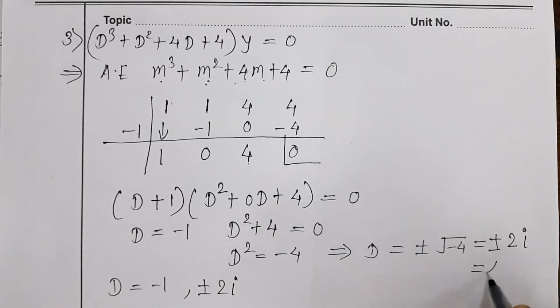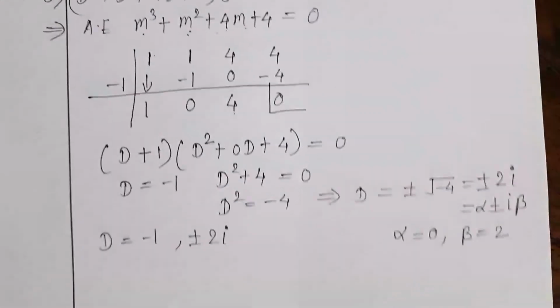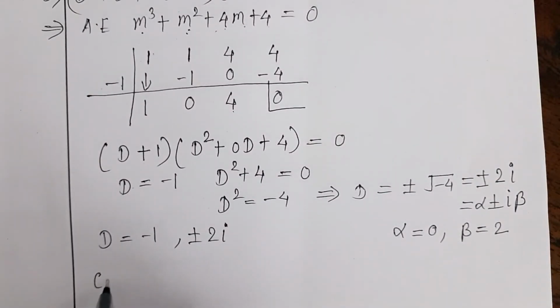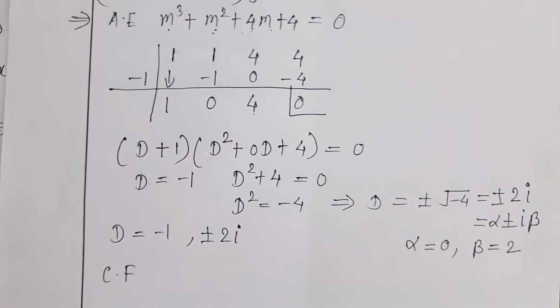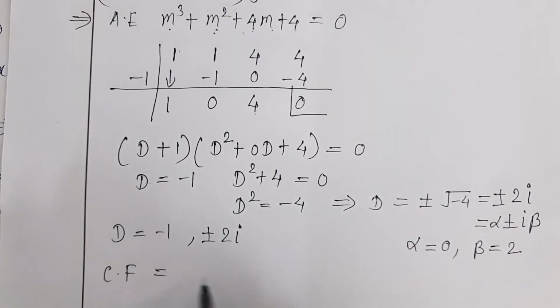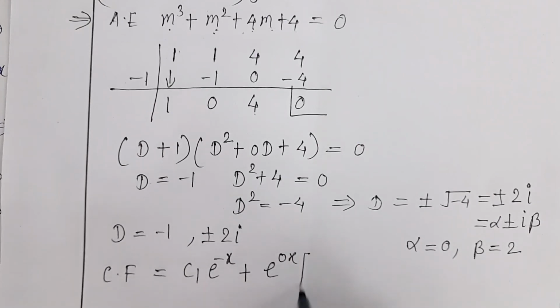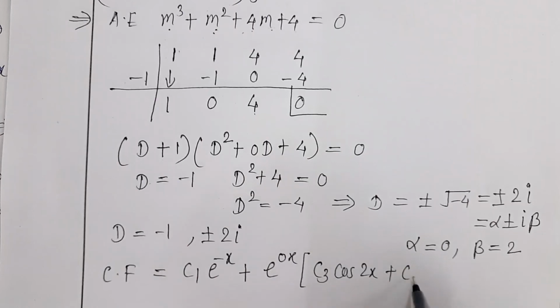Now equate it with the imaginary roots. What are the alpha and beta values? Alpha is equal to 0 and beta is equal to 2. Substitute in the complementary function. CF is equal to C1 e to the power minus x plus e to the power alpha x, that is 0x, multiplied by C3 cos of beta x plus C4 sin of beta x.